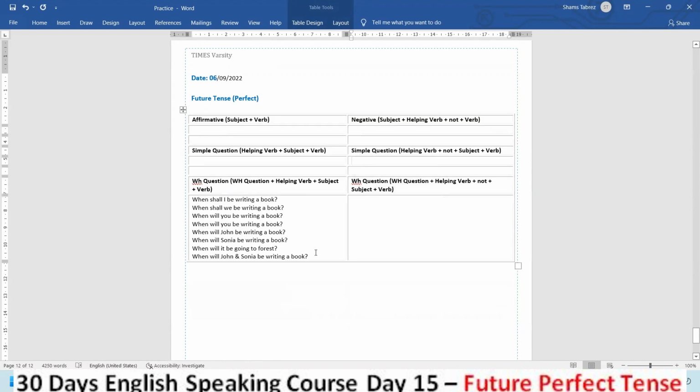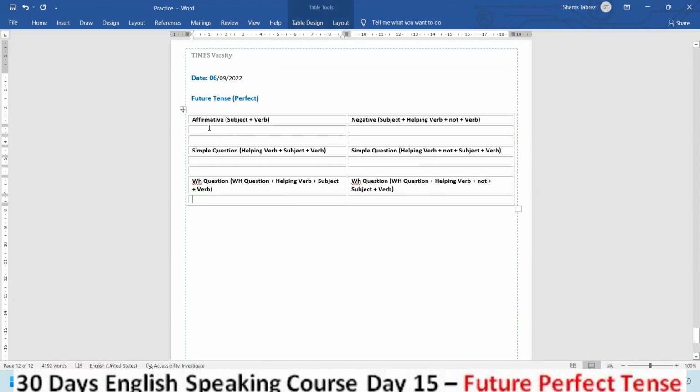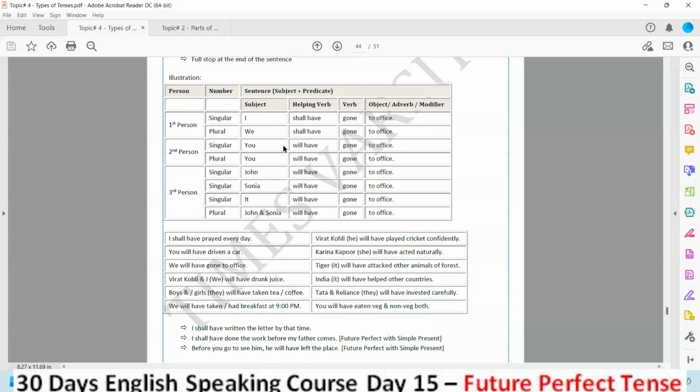I shall be written a book. Look at the syntax. It is I shall have written a book.